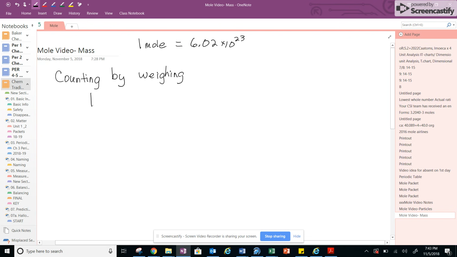So the question is, if I have 1 mole of a substance, how many grams will it be? It depends on the substance, and 1 mole will have a completely different mass. Just like if you had 1 mole of bowling balls, you have 6.02 times 10 to the 23rd bowling balls.